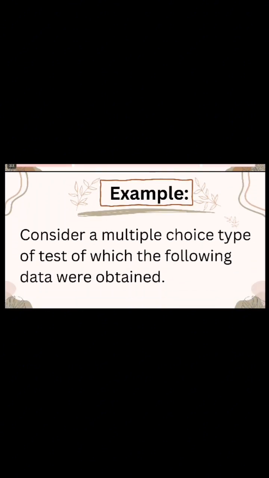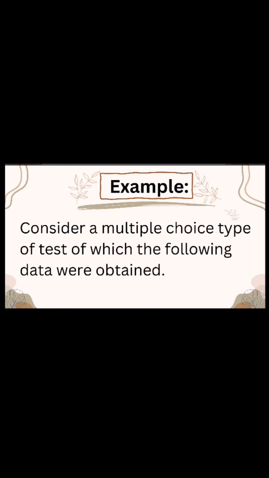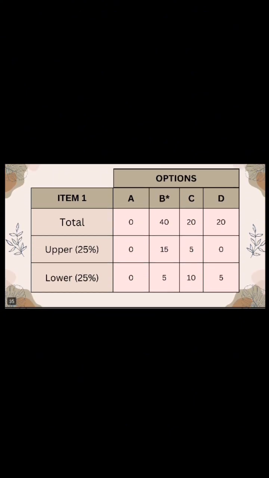For example, consider a multiple choice test for which the following data were obtained. So this is the data. Item 1 has 4 choices. The total number of takers who chose each letter as their answer is: letter A is 0, B is 40, C is 20, and D is 20.